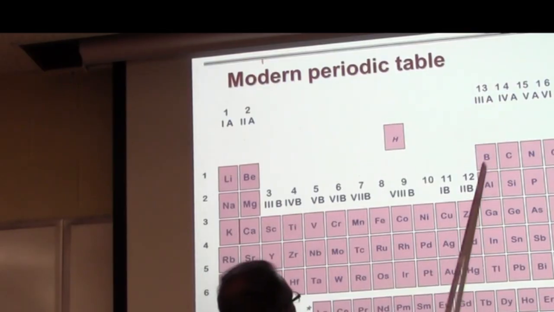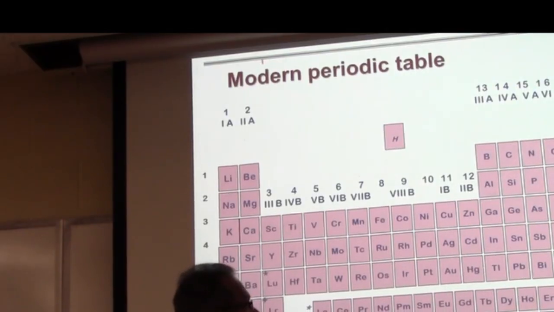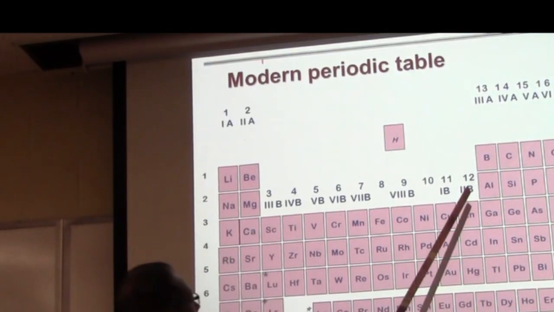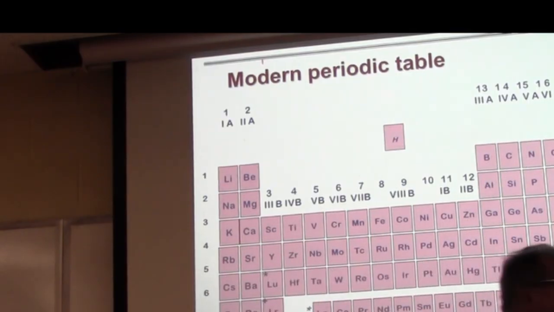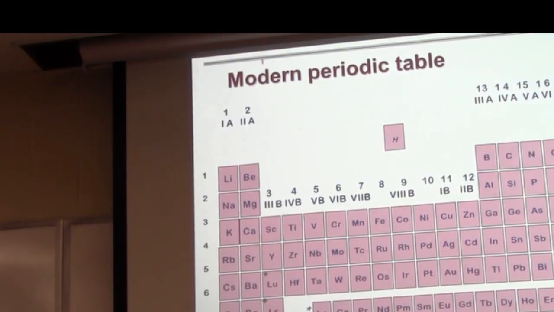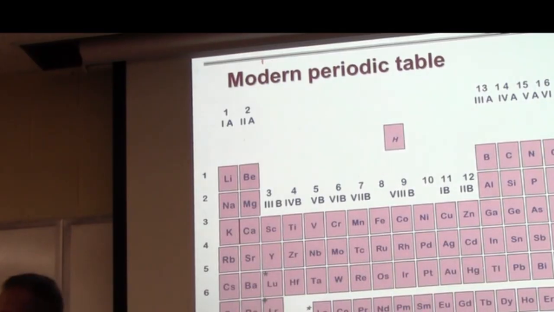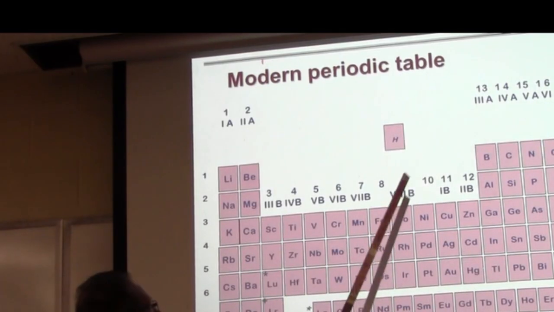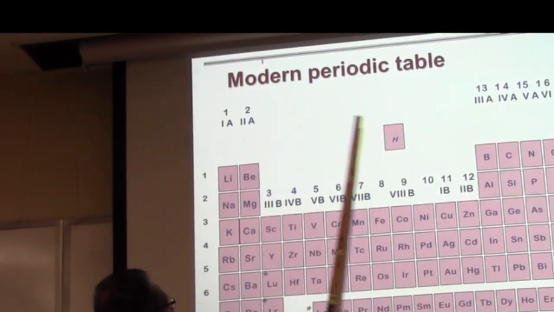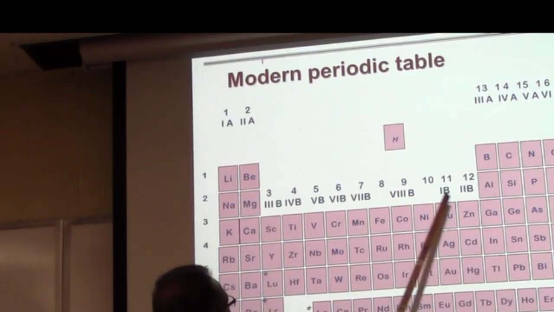The A's are for the tall groups, excluding that. Tall groups are called main groups, other than the transition metals. You understand what is a main group? A main group is an element belonging here or here, right? Okay, main groups. So main groups are labeled A's. And then keep the B's for the transition metals.